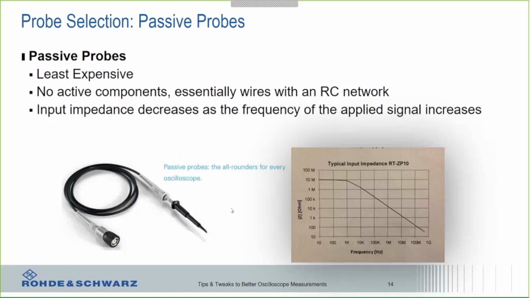Or if you've ever had it where your device under test wasn't working and you attach the probe and all of a sudden it starts working, that again is probably caused by that. And so our goal here is to minimize that. And if we can't minimize it, then to at least understand what the impact is of that probe and what it might look like once you connect it.